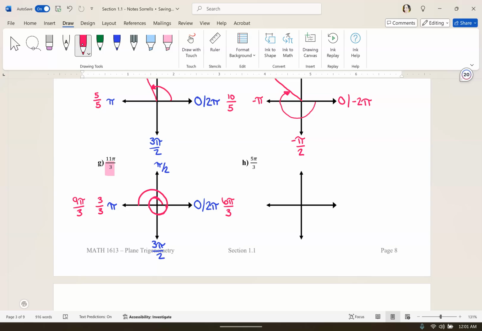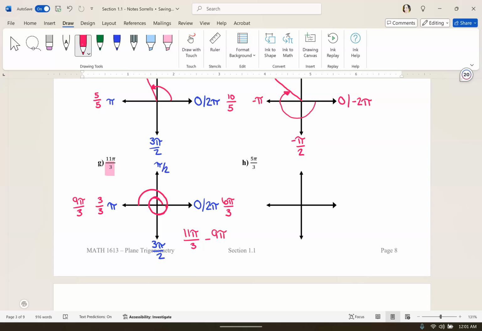But where do I go? So that means I have done, let me see if I can squeeze it right here, 11 pi over 3. I have subtracted 2 pi, which is 6 pi over 3. I've gone another pi over 3. Well, let's just go ahead and do the total of 9 pi over 3 because I think that will make sense.